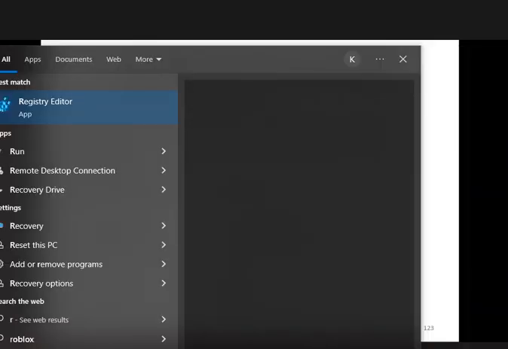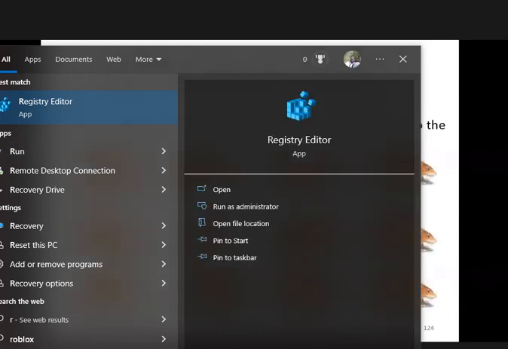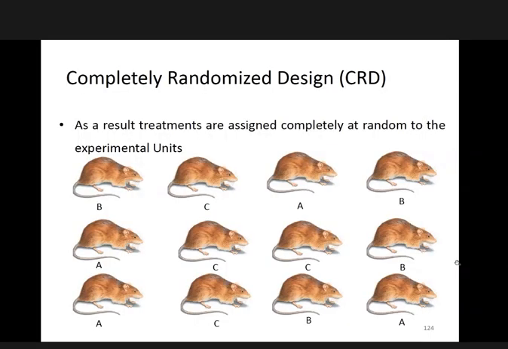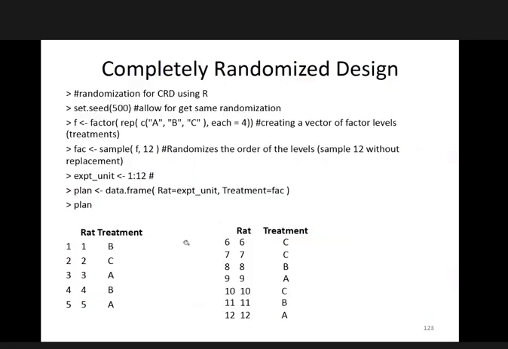If each of these rats is an experimental unit, then we need to decide what kind of treatment rat number one will get, what kind of treatment rat number two will get, and so on. That process can be done using R, and you need this simple command here, and at the end of the day you should be able to do that.